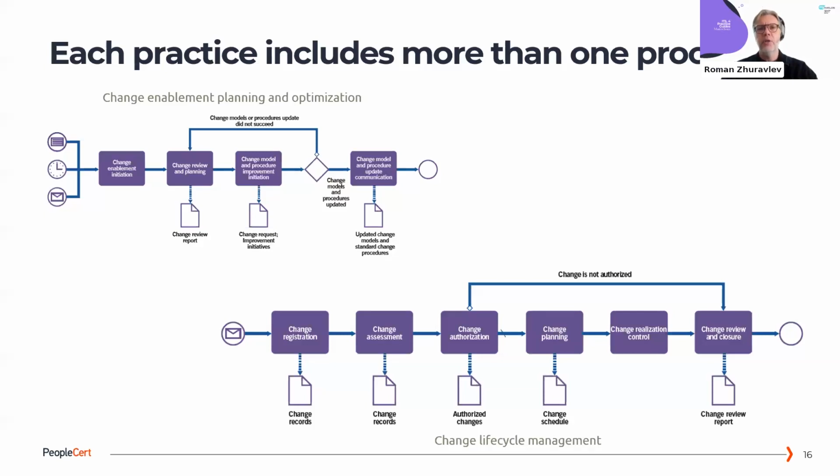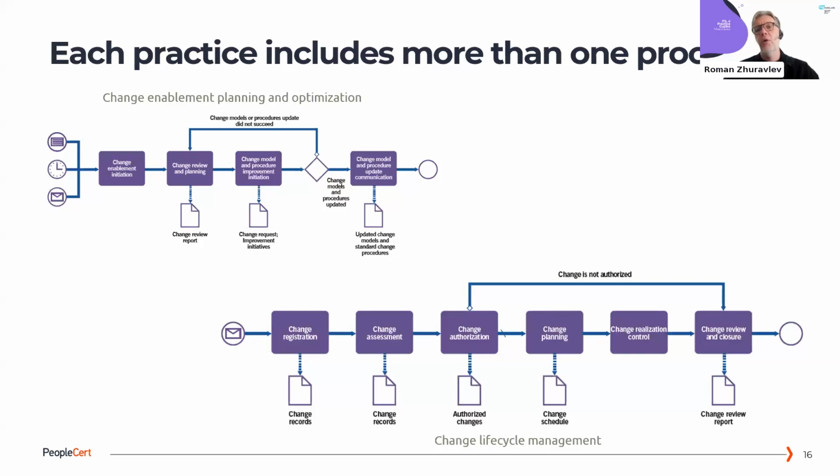If you manage your organization's ability to manage changes, if you are the owner of this practice, a manager of this practice, whatever you name this role in your organization, then you're responsible for doing the first process here, for ensuring that all your changes have an appropriate approach, have an appropriate model to follow.